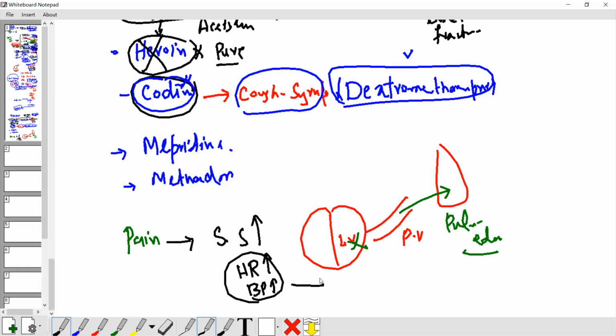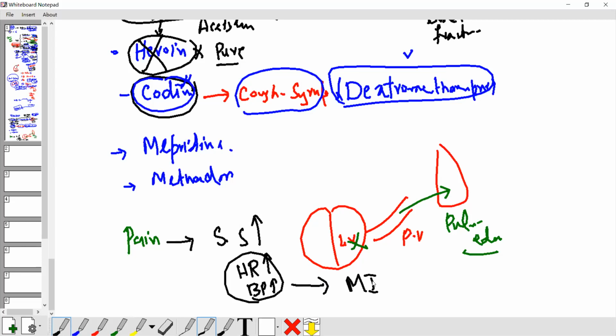Now you tell me, are these things good in MI? Understand? So why are we not giving NSAIDs to an MI patient? Why not other painkillers? We need a very strong painkiller here because the MI pain, heart attack pain, is very severe.